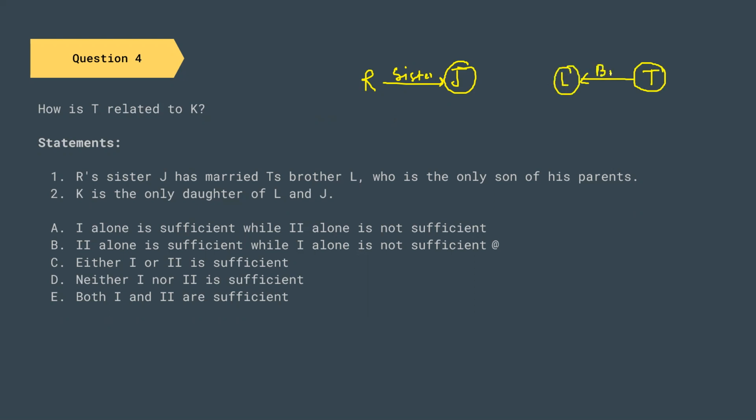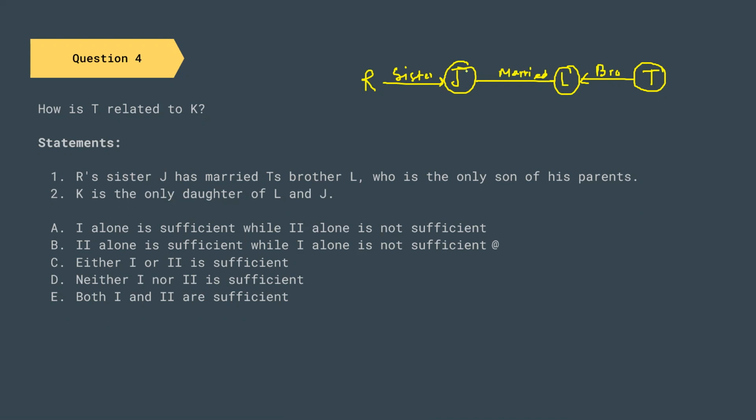Who is our sister J? Our sister J is married to T's brother L, and they are married to each other.